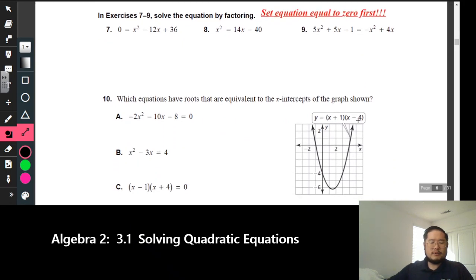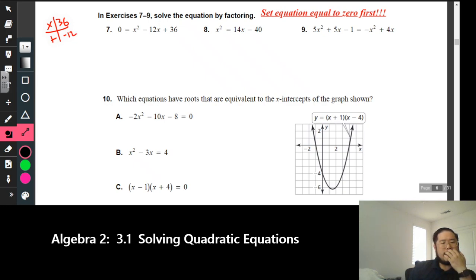Okay, so let's go to number 7. Let's solve this by factoring. Once again, we have a trinomial, and I have my equation. And remember, it's set equal to 0, so that's good. And now we have to take the factors of the c term that add up to negative 12.